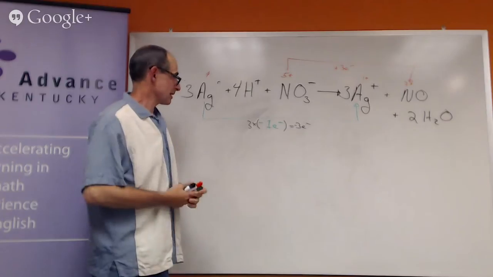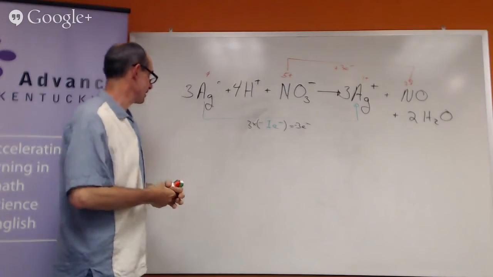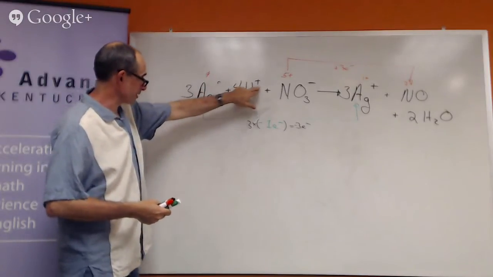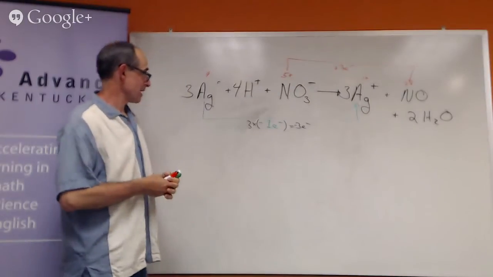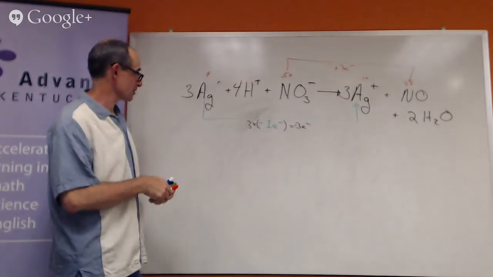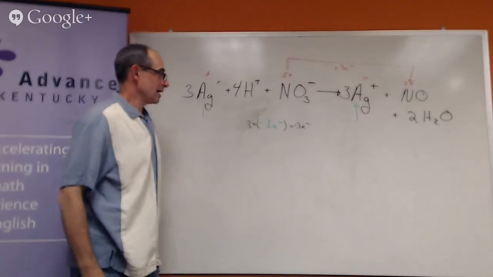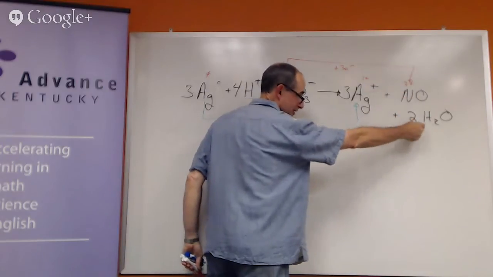Notice I don't need to have the same coefficient for my parts of the nitric acid molecule. I can check that this is correct by making sure the total charge balances on both sides. I've got 3 times 0 is 0, 4 times +1 is +4, and 1 times -1 is -1. So my total charge on the left-hand side is +4 minus 1 is +3. On the product side, we have 3 times +1 is +3, and then 0 and 0.